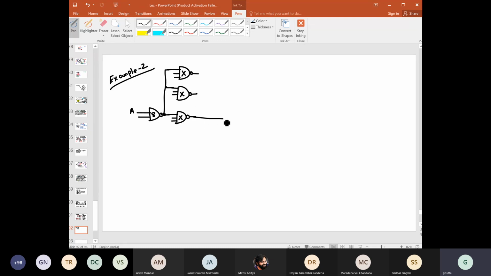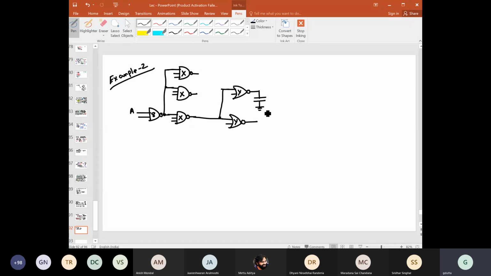Now the output of this is driving one NOR gate of size Y. This is also a 2-input NOR gate. But here we have one more branching. It is also driving another 2-input NOR gate.